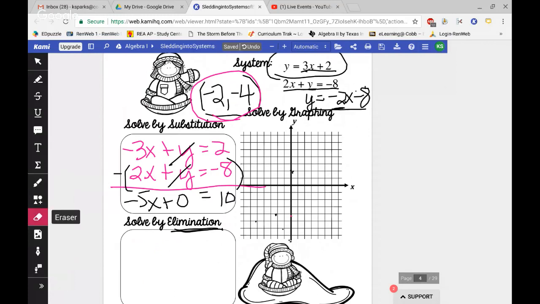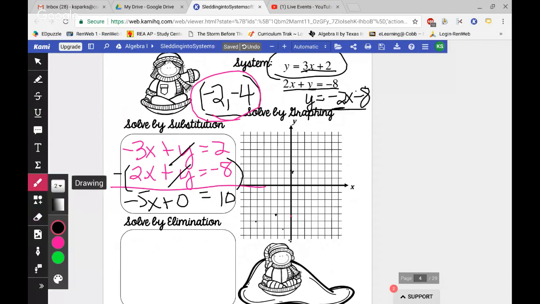So now I have negative 5x equals 10. Did you see where I got that? Okay. So I'm going to divide both sides by negative 5, and x equals negative 2.